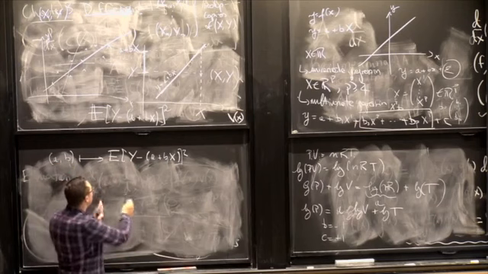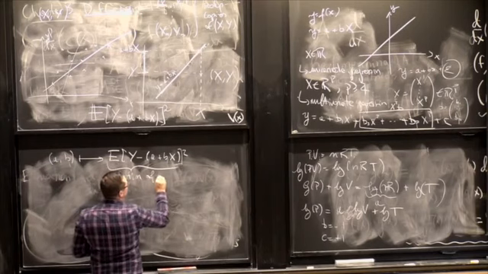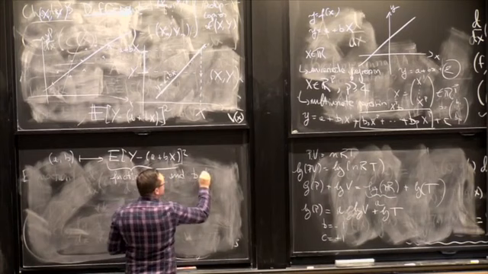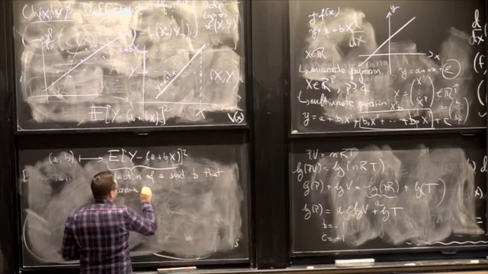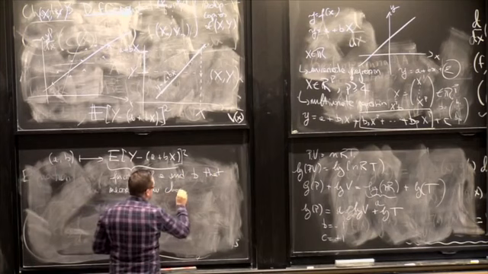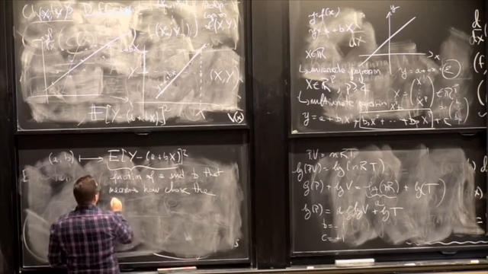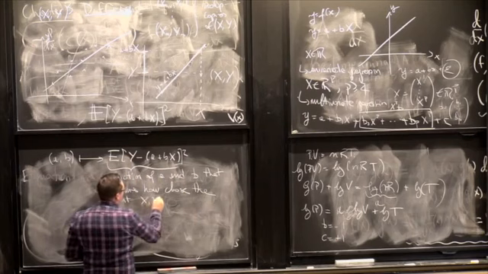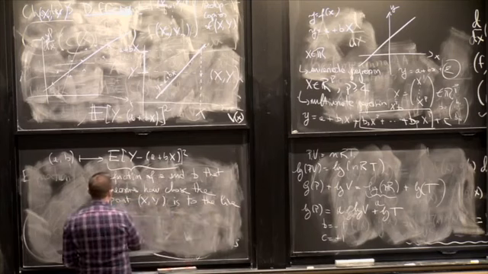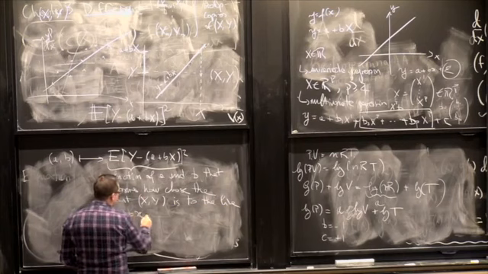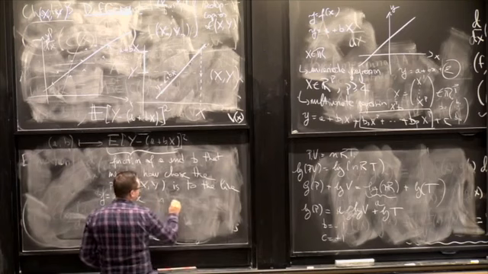The value of this function, a function of a and b, measures how close the point x, y is to the line, y equal a plus b times x, in expectation.